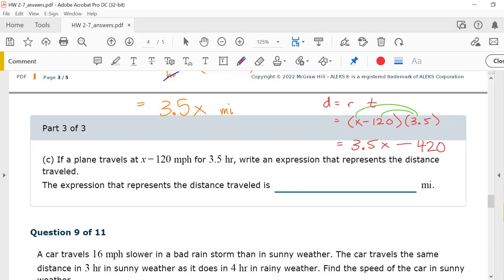My rate was in miles per hour. My time was in hours. So my expression that represents the distance traveled would be 3.5x minus 420 miles. So it's this number of miles.